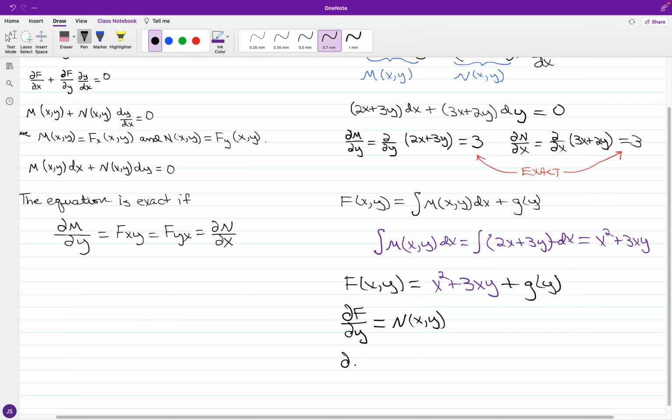So we take the partial derivative with respect to y of the quantity x squared plus 3xy plus g of y.